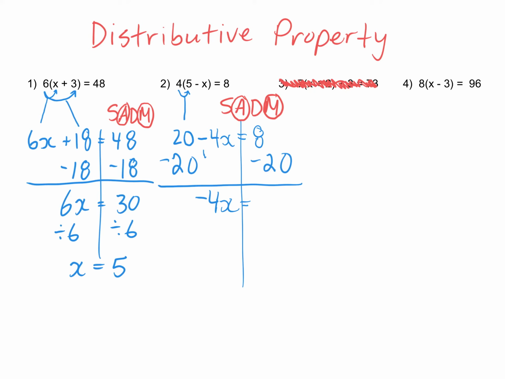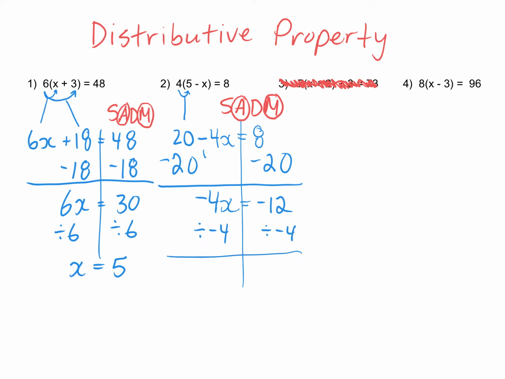So our integer rules will tell us that positive 8 minus 20 is negative 12. Now we're going to divide both sides by negative 4. It can't just be 4, it has to be this whole thing. So we're going to divide by negative 4.